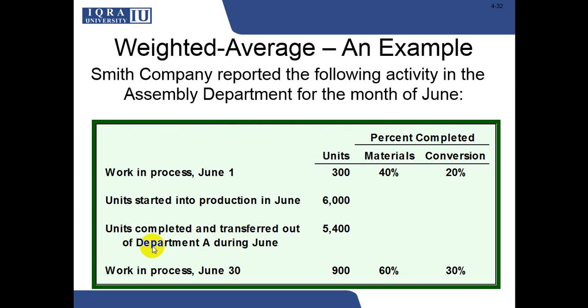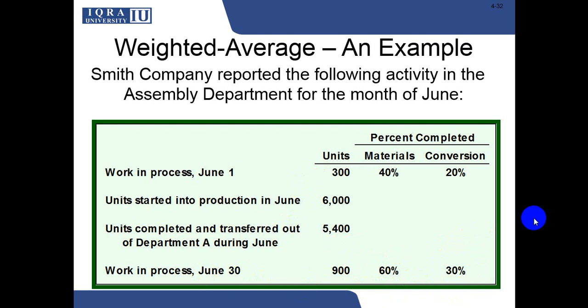Units completed and transferred out of department A during June, that is 5,400, and work in process June 30th is 900, right? The percentage completion with respect to material is 60% and with respect to conversion is 30%. So we need to calculate the equivalent units of production.